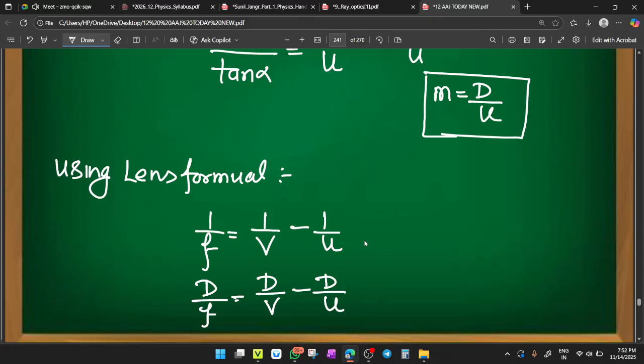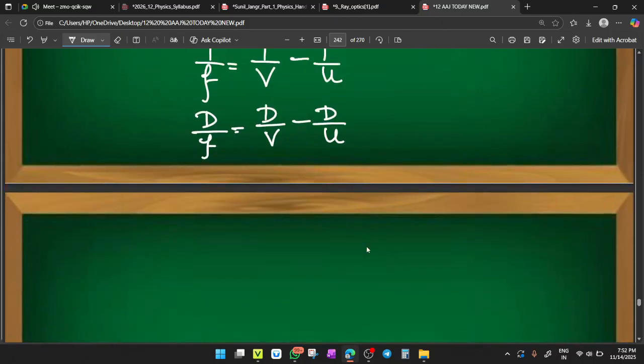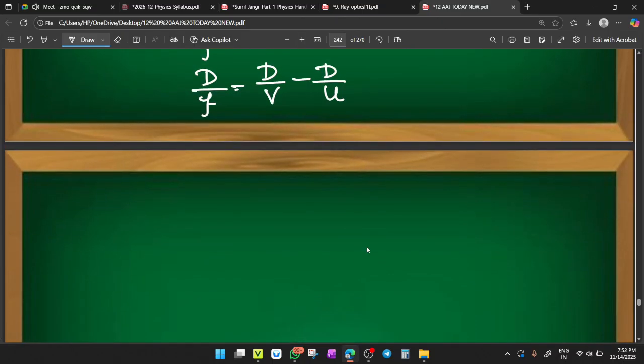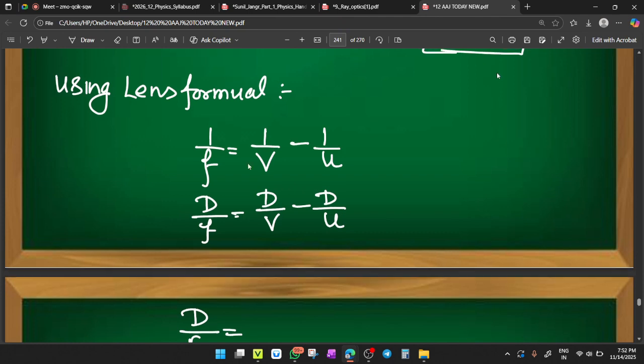So D upon U is equal to what? D upon U is equal to M. Clear? So in the place of D upon U, I can put M. Check it once again.